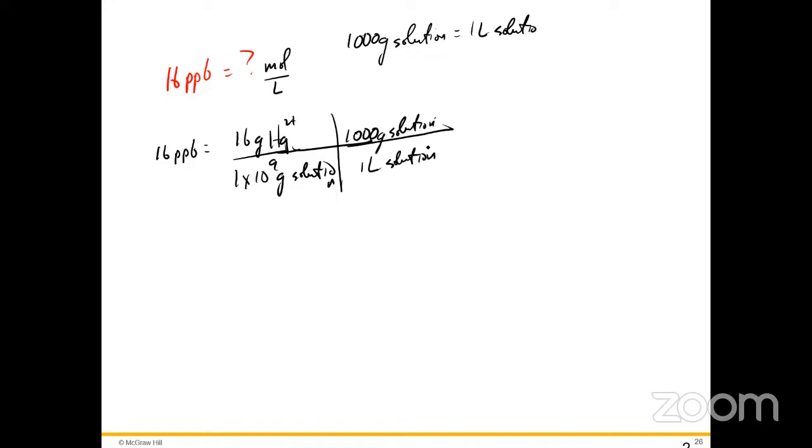Then I would focus on converting the grams of mercury to moles. So here I'm going to put 1 mole of mercury 2 plus, and the molar mass of mercury is, oh, 200.6 grams.